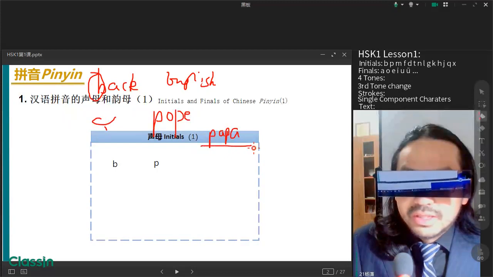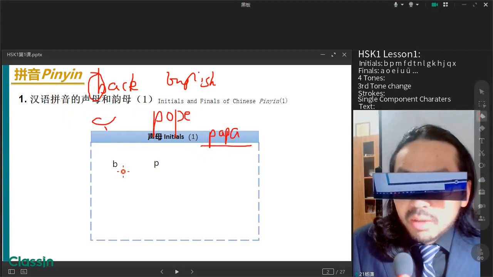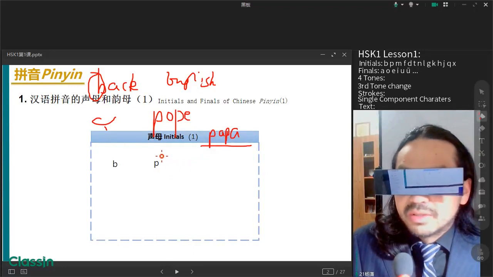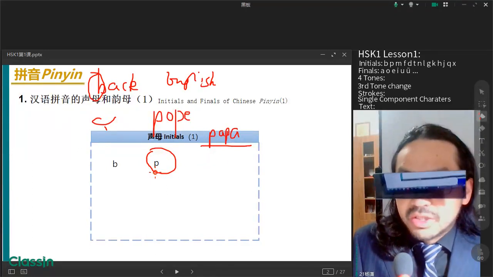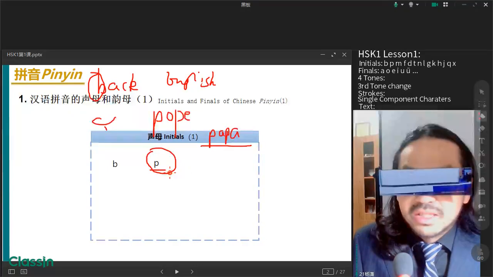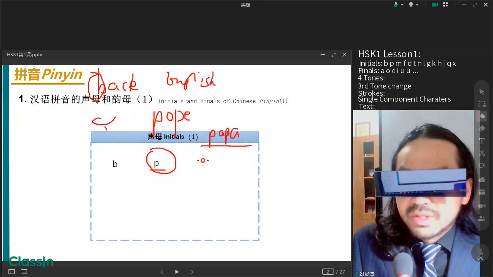You should not read it in this way. 波, 波. Also, I know that for Arabic speakers, you seem not to have this one in your language, so you need to pay special attention to this sound. It's not difficult, but you have to always be careful.